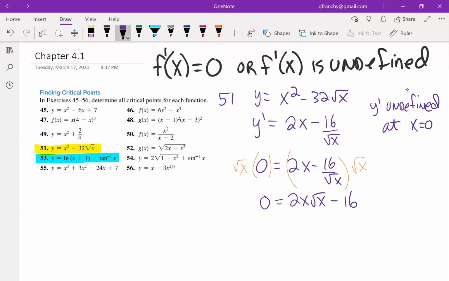So let's go ahead and add 16 to each side. And that's going to be 16 equals 2x root x, and I'm just going to write that as 2x to the 3/2.